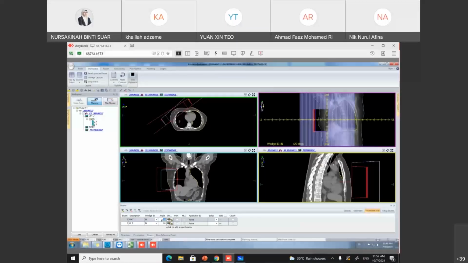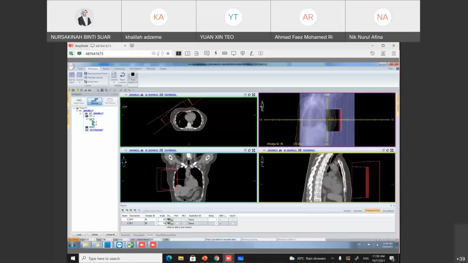So when we plan, from my experience, I will try the physical wedge first, because where people invest in this kind of thing, there must be a reason. So I will straight away use 30-degree first, because for the contour of the patient, 15-degree is too thin.